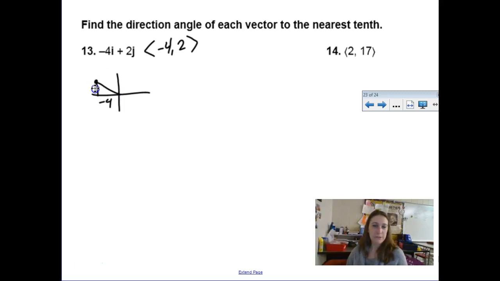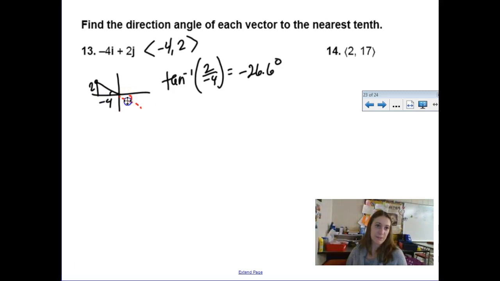I know it's not technically appropriate to label a triangle negative, but whatever. Deal with it. And then what do they want? They want the directional angle. So if I could find that angle, I'd be in business. Now when I set up inverse tan of 2 over negative 4, which is totally fine, my calculator is going to give me the answer that it wants to give me, which is negative 26.6 degrees. So my calculator is giving me this angle down here.